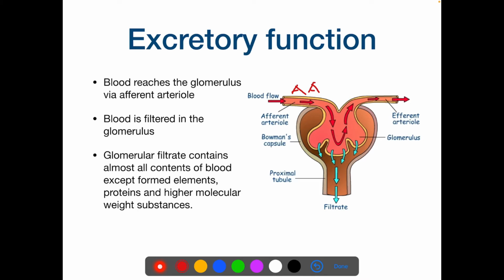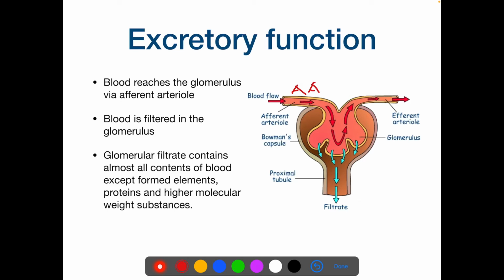So when blood enters the glomerulus, whatever is inside the blood except the formed elements, which means RBC, WBC, platelets, as well as large proteins and large molecular weight substances, are not filtered across the glomerulus.